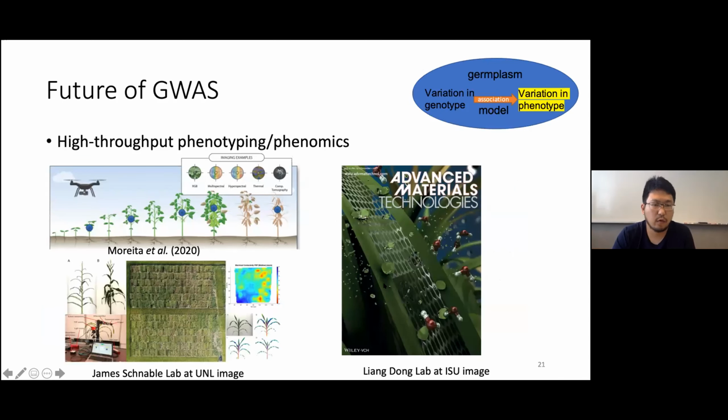The last thing I want to talk about is high-throughput phenotyping, or phenomics. We talk about the expansion of the list of phenotypes. With new phenotyping technology, like UAVs or drones or all types of cameras and new sensors, we will be able to further expand the list of phenotypes.